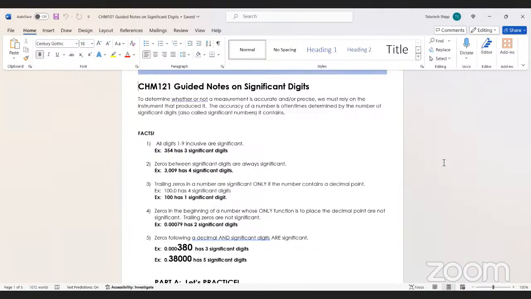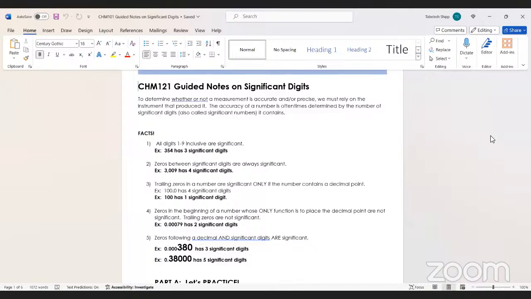All three of them are significant. If you have a number like 123, all three of those numbers are significant. Let's say that I gave you a number like 4,524, then all four of those numbers are significant. So in other words, the numbers 1 through 9 are inclusive to being significant.